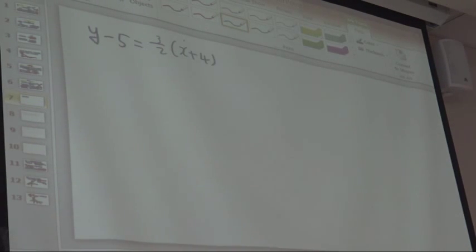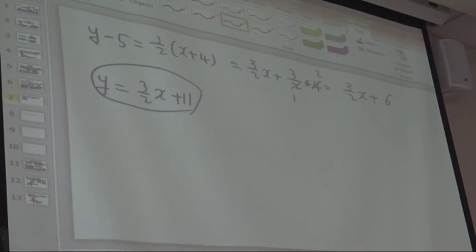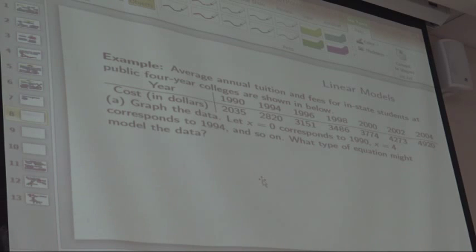So distribute the 3/2, and we have 3/2 x plus 3/2 times 4, which, we can cancel, divided by 2, is a 6. Then add 5 on both sides, and we have 11. Okay. Any other question?